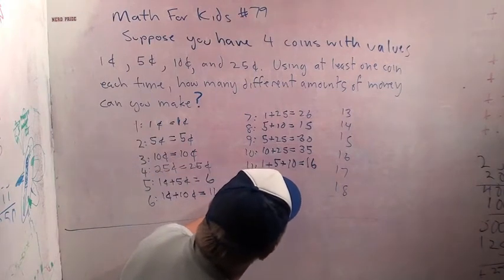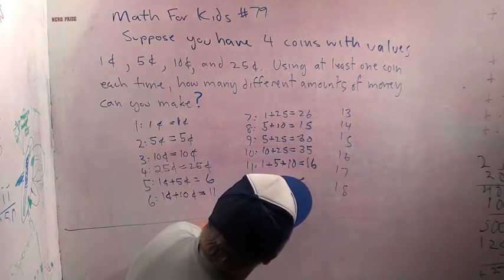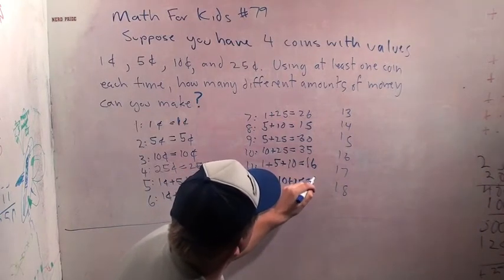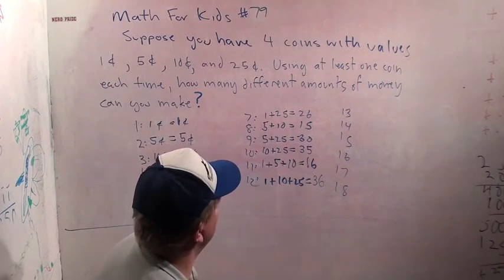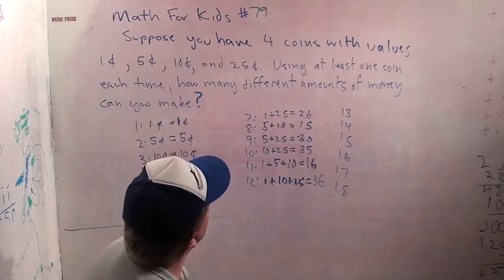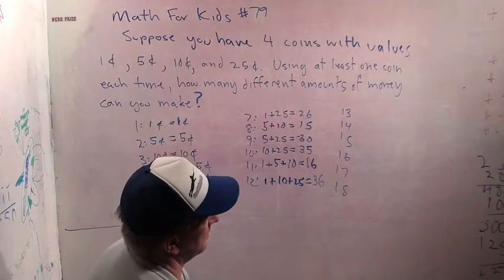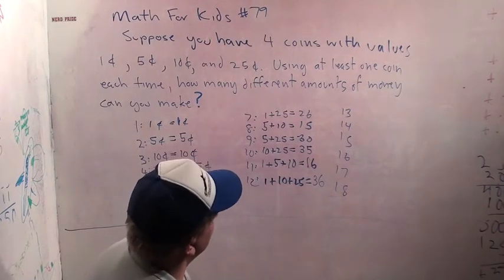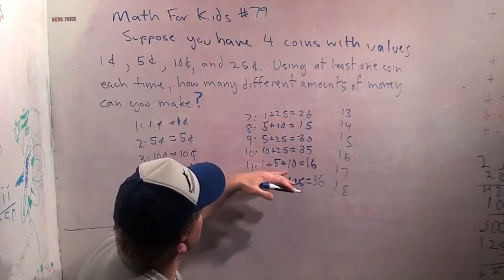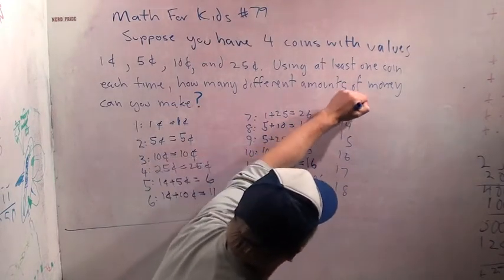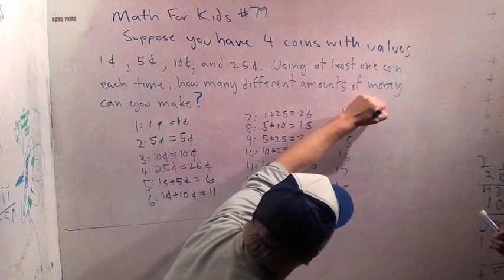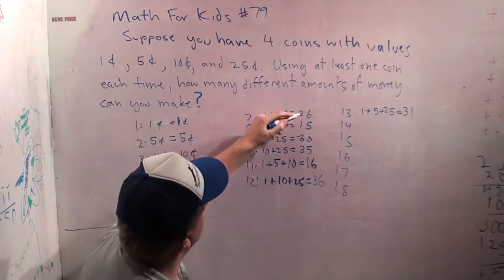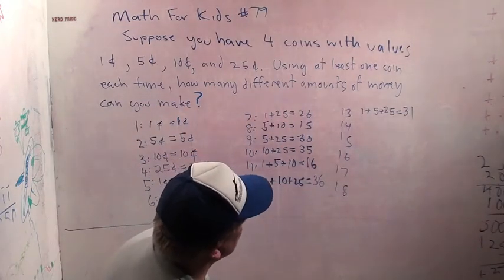Be careful when you're counting these. 1 plus 10 plus 25 is 36. Are there any more with 1 cent? 1 cent plus 5 cents plus 25 cents. Good, you didn't miss it. 1 plus 5 plus 25 is 31, and I don't see a 31 yet. Very good.